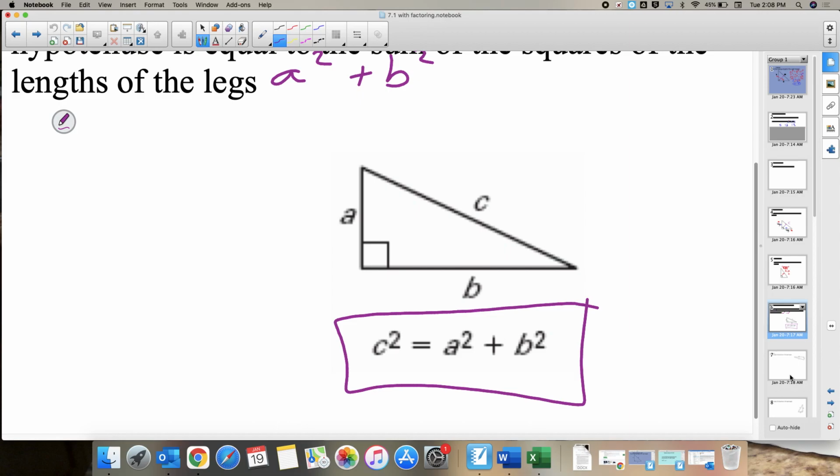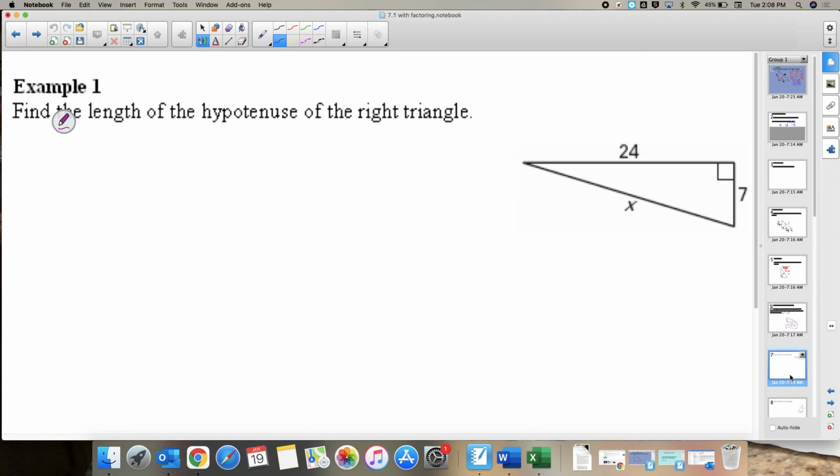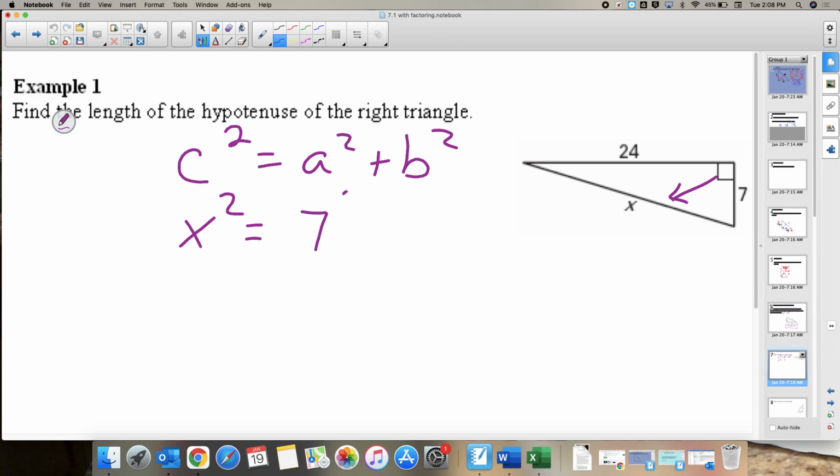So let's take a look at our first example. It says find the length of the hypotenuse of our right triangle. So c squared equals a squared plus b squared. In this case, c, the side opposite my 90-degree angle, is x. A squared and b squared are interchangeable. You can do 7 squared plus 24 squared, or you could have done 24 squared plus 7 squared. Either way is perfectly fine.